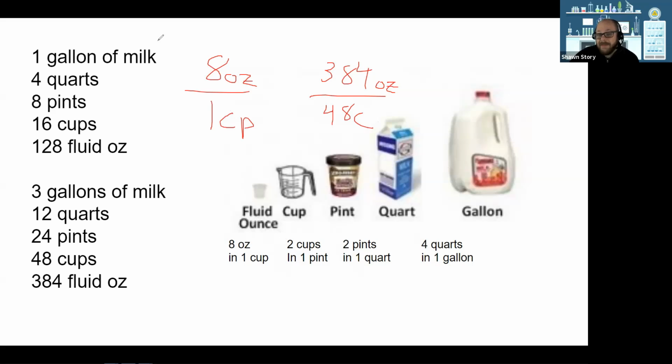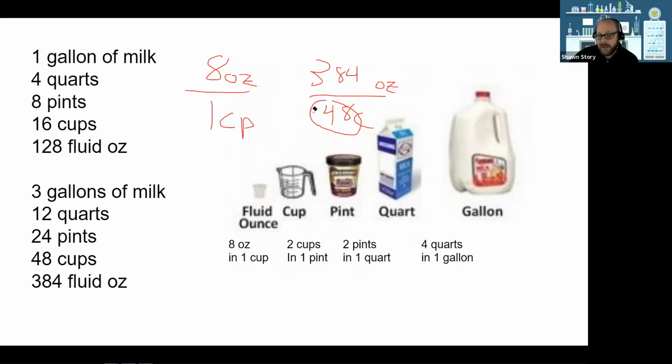Mathematically I can cross multiply to find that answer. If I didn't know 384, I would take this number 8, multiply it by 48, and divide by 1, and that will give me 384.